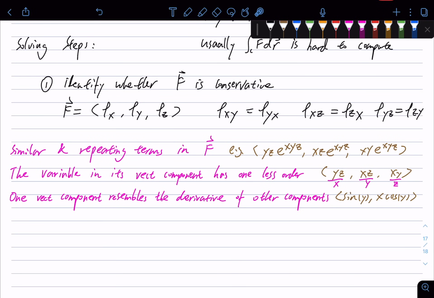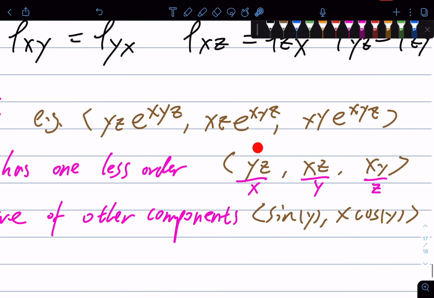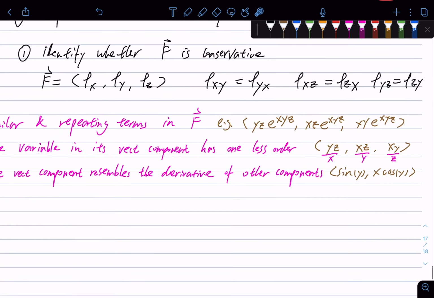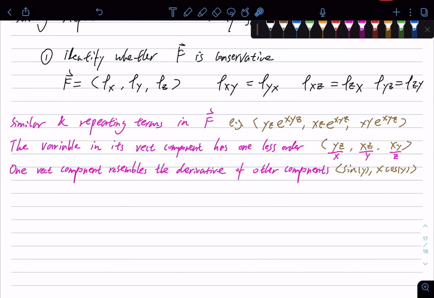The second way is that the variable in its vector component has one less order. For example, the x component has x missing, one less order. Y again missing, one less order. Z missing, one less order. And then one vector component resembles the derivative of other components.